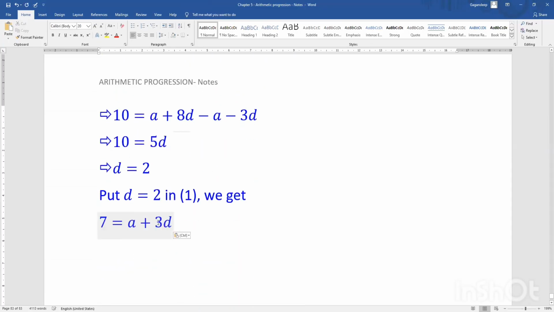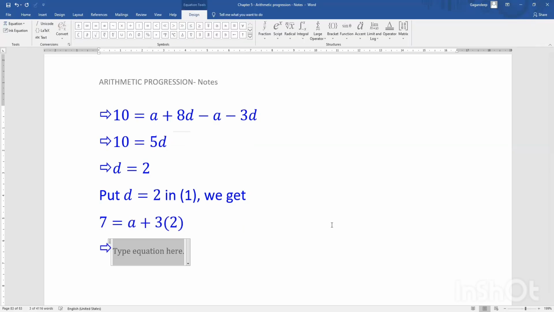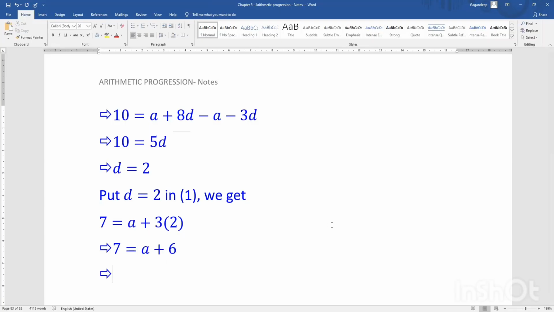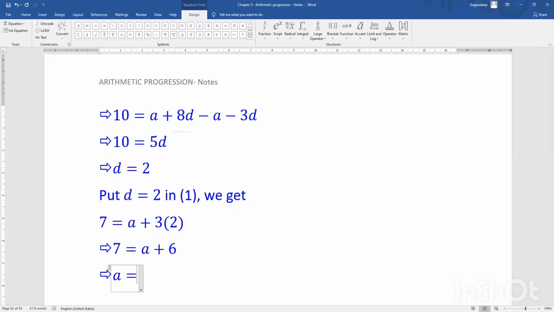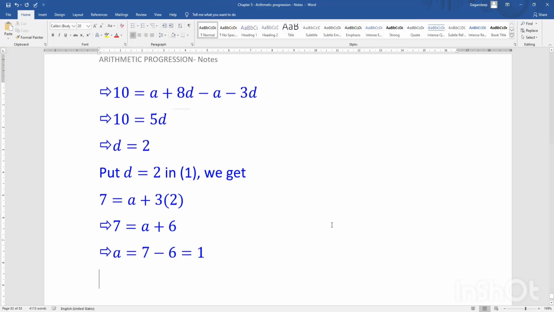Now d, replace it with 2. Or what I write in my next step, I show it as 7 equals a plus 6, right? Or nothing but a equals 7 minus 6, 7 minus 6 equals 1.